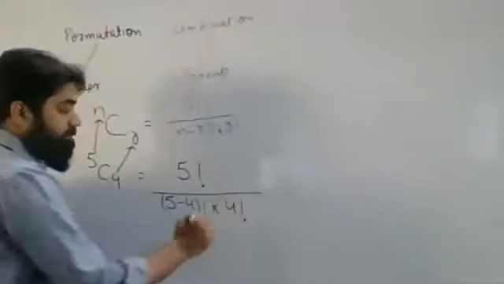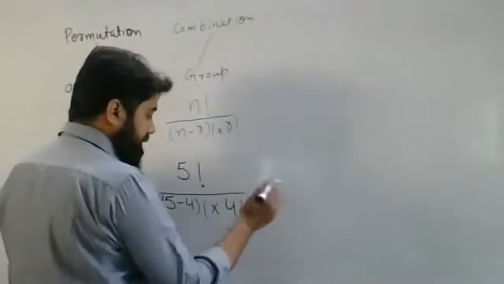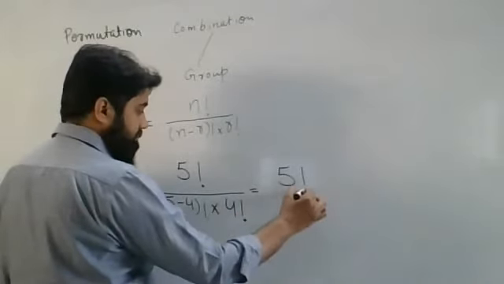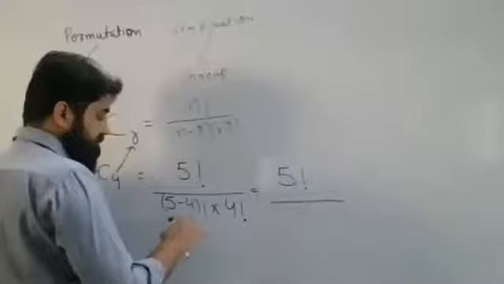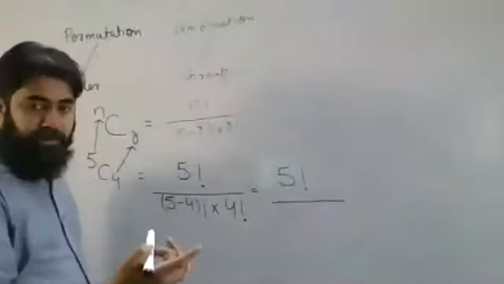So 4 factorial. This I have got. After this, 5 factorial over, 5 minus 4 will be 1. So basically it's 1 factorial, and 1 factorial will be 1.